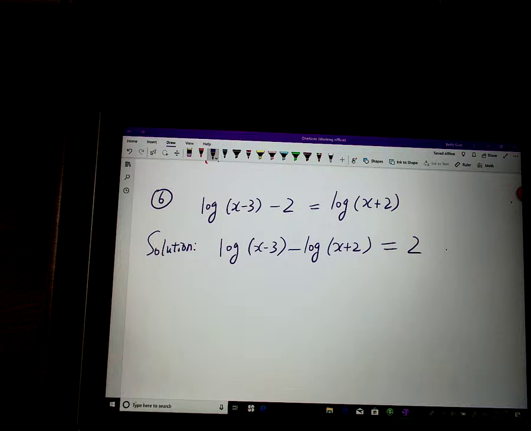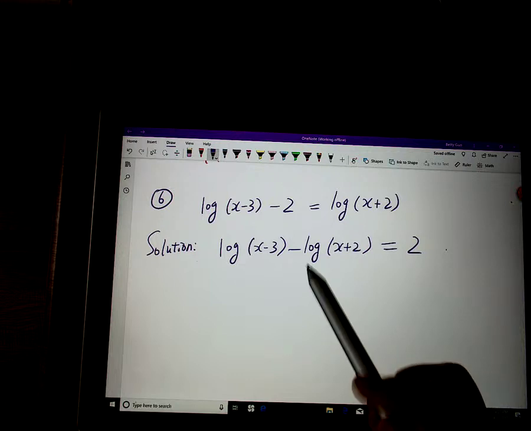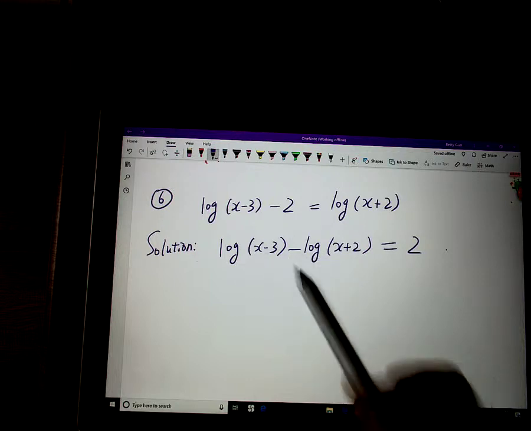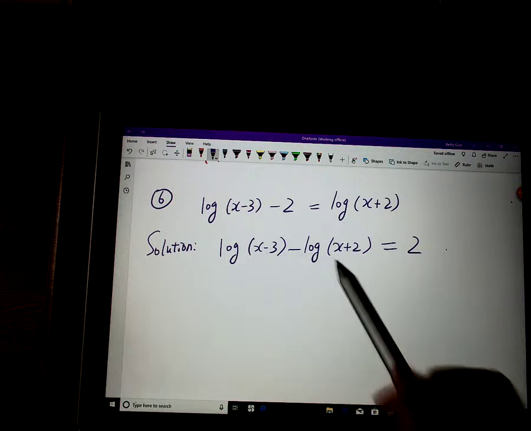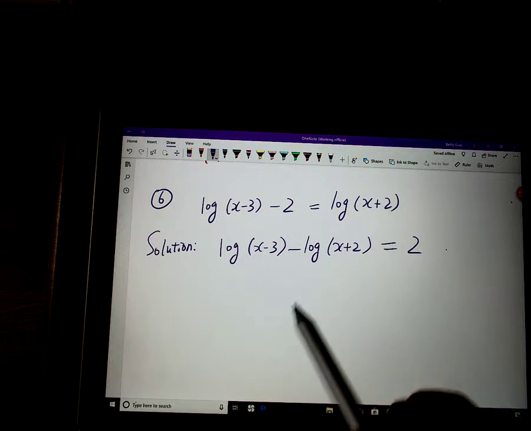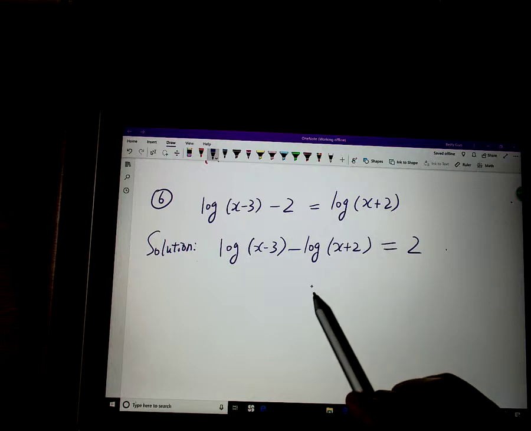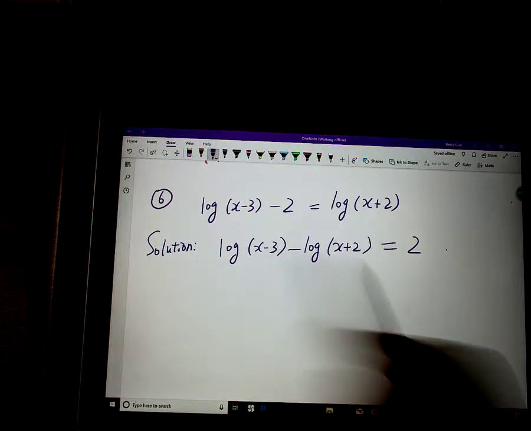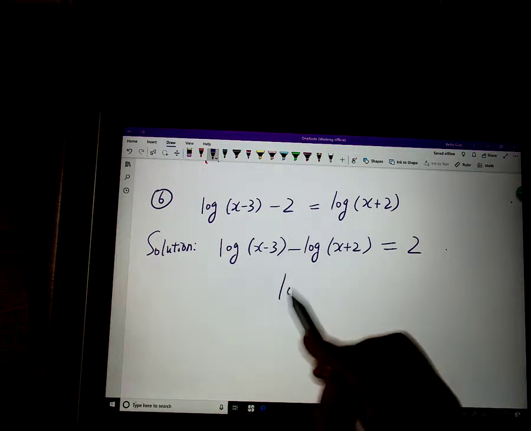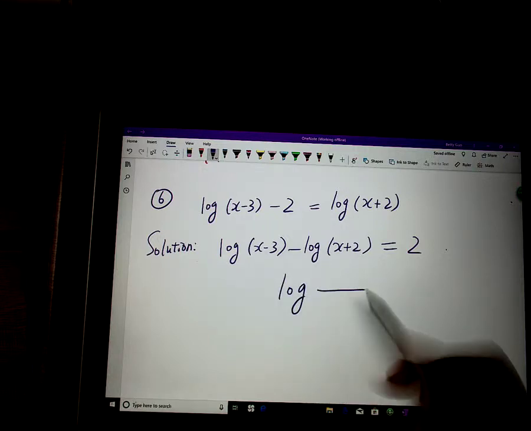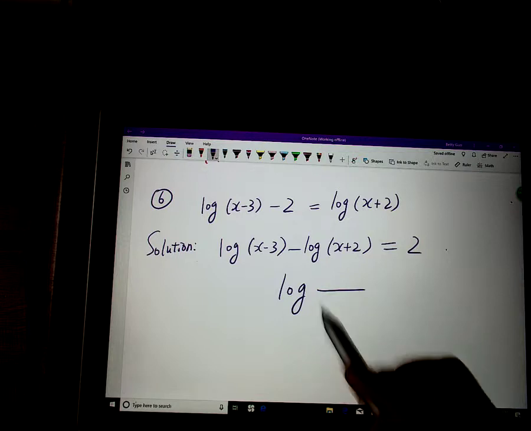I move the 2 common logarithms together on one side of the equation, then I can combine or condense them. Do you remember expanding and condensing? On the left, by the quotient rule, I'm able to condense the left-hand side as log base 10 of 1 logarithm.